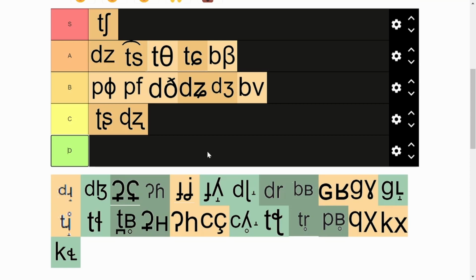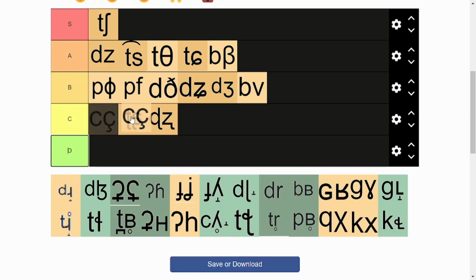For me, most times I use ch, it would be an allophone of something else. I would very rarely use it as its own sound. It's always going to be relegated to an allophone in most cases, so I can see C. It's a good allophone if you want an allophone of something like ch.